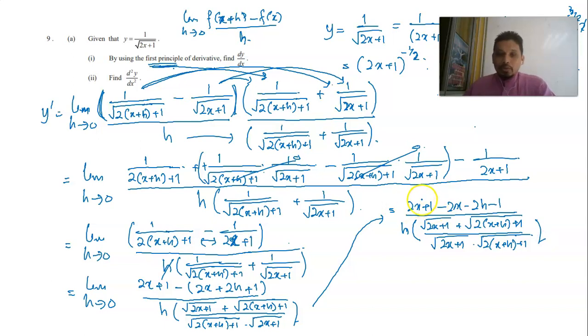So 2x minus 2x, 1 minus 1. On the top here, only negative 2h is left, divided by h and everything inside the bracket.